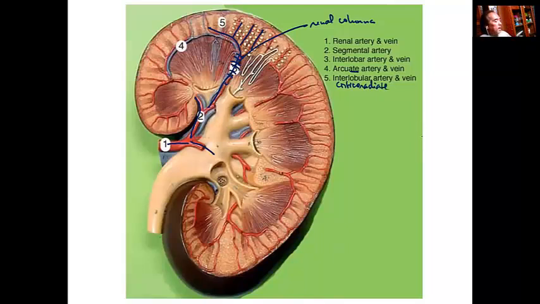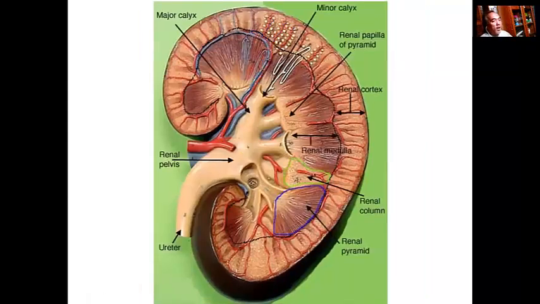All right, so now we have another picture, trying to put names on the areas of the kidney. We're going to look first at the renal cortex, the outer portion. Then we have the pyramids, and the papillae of the pyramids, the opening here, the tip, called the renal papillae.